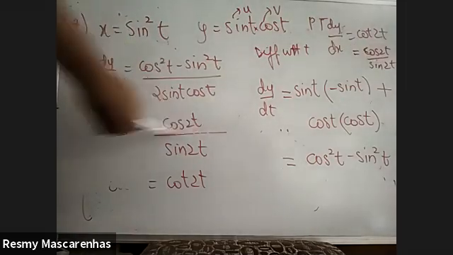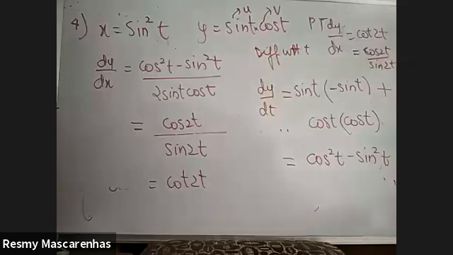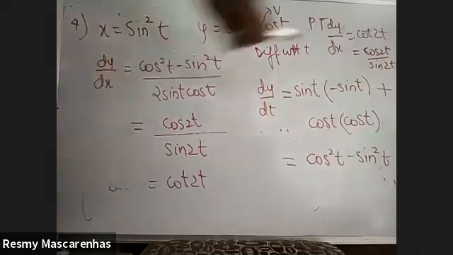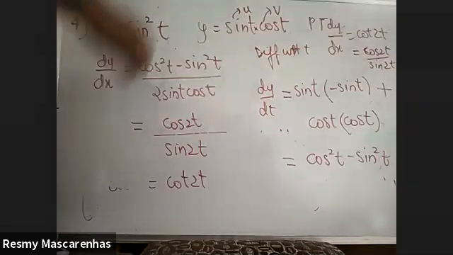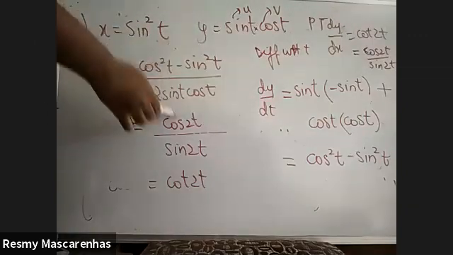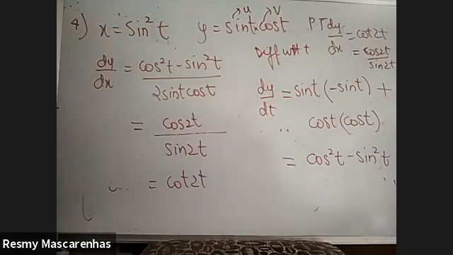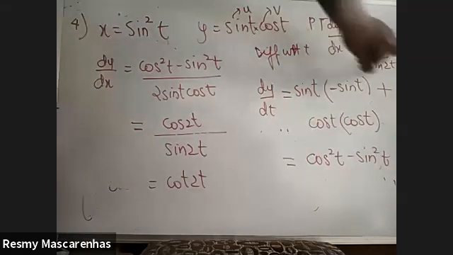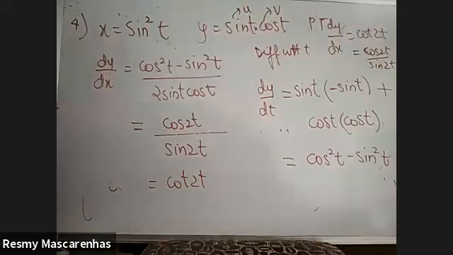So blindly you can write this straight away. One good thing: when they ask you to prove dy by dx, even if you forget the formula, you know what the answer should be. You have to use this logic in reverse. Even if you forget the formula, this will be your answer.